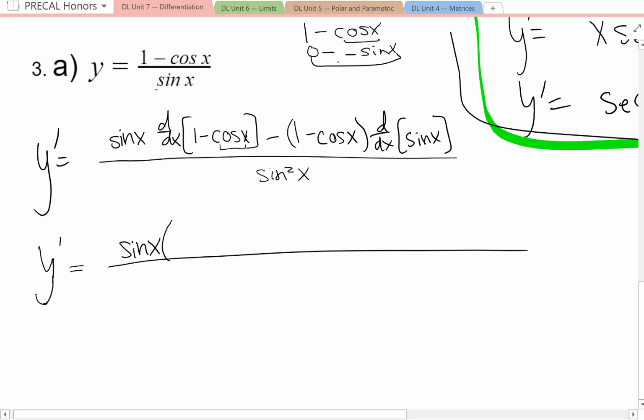So the derivative of this quantity is positive sine x, minus the derivative of sine x, which is cosine x, so 1 minus cosine x times cosine x.